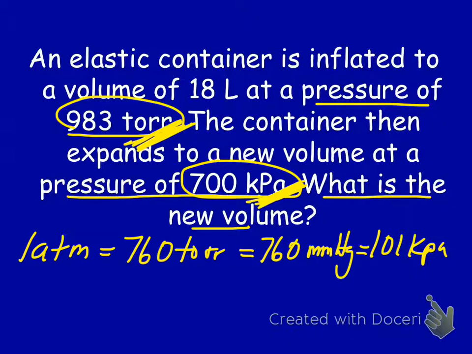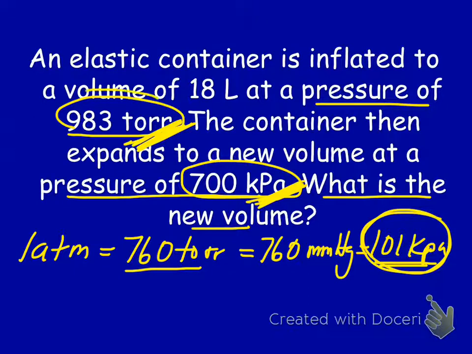So I'm going to look down here and say, well, this number is really big and this number is much smaller. 101 kPa is smaller. So I'm just going to choose to convert and have both of my pressures in kPa. So I'm going to choose to convert to kPa.